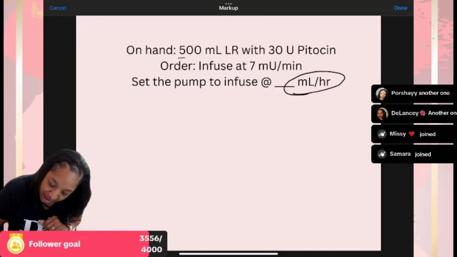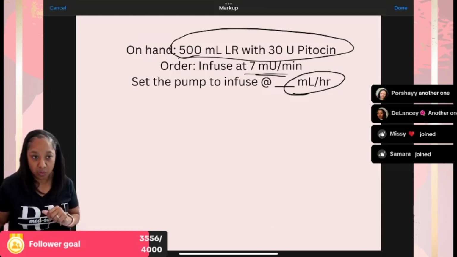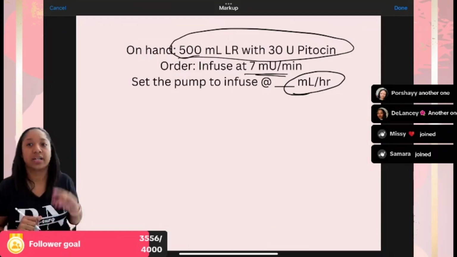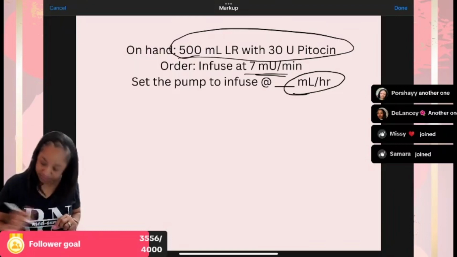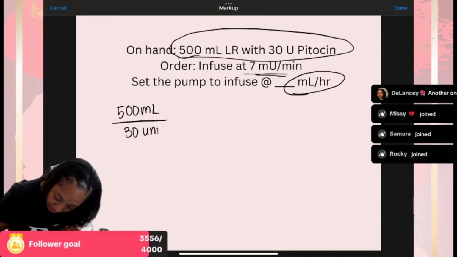This is what we have. And this is what is ordered. We're going to start with milliliters on the top because that's what I'm looking for. 500 milliliters over 30 units.